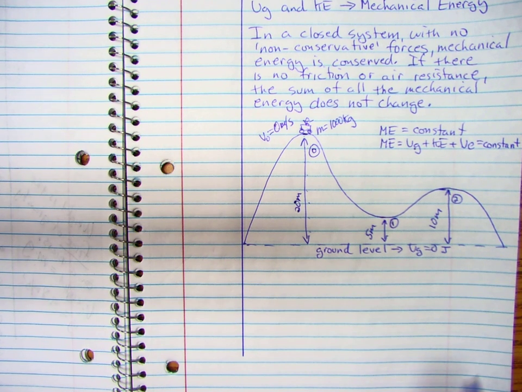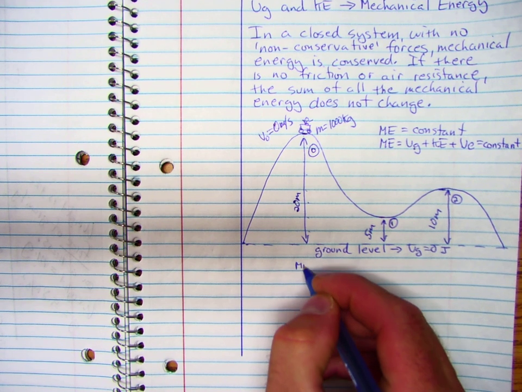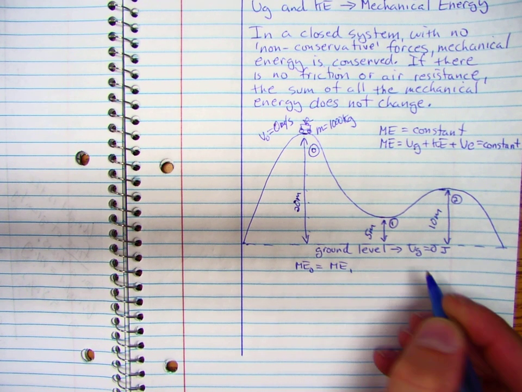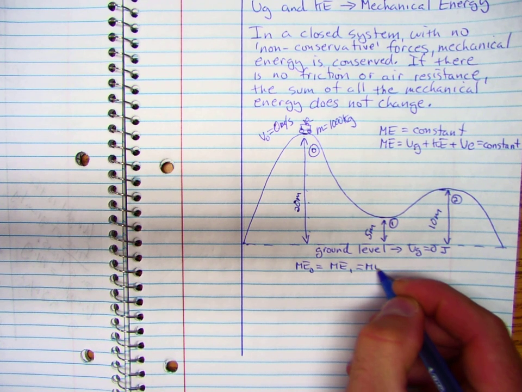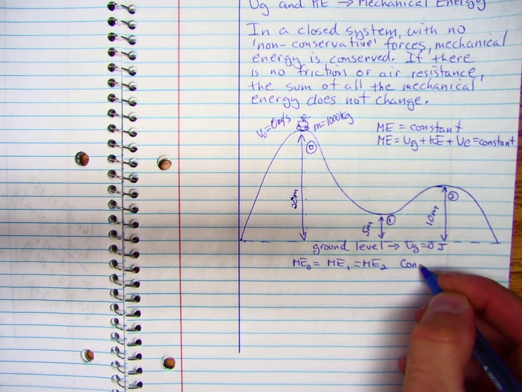Okay, so here's a statement. ME0 is equal to ME1, which is equal to ME2. This is conservation of energy.